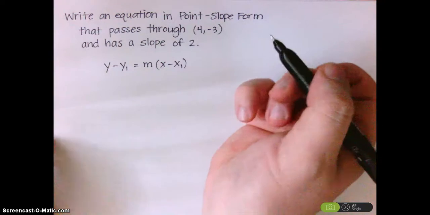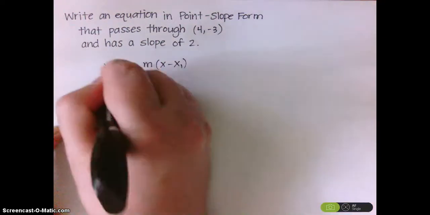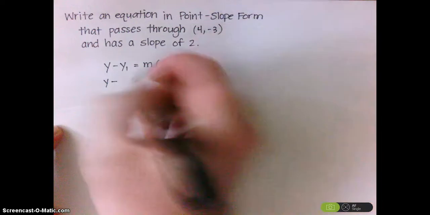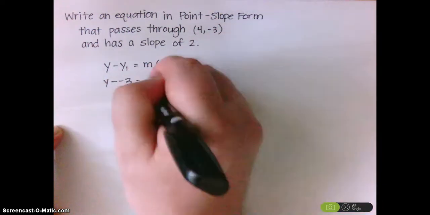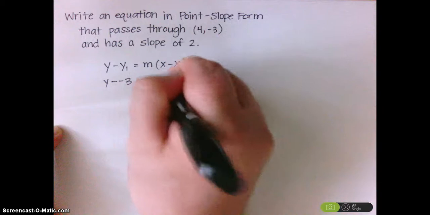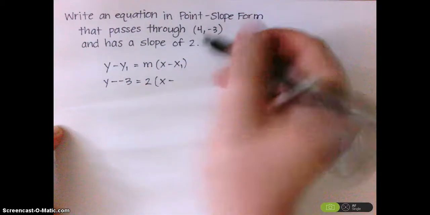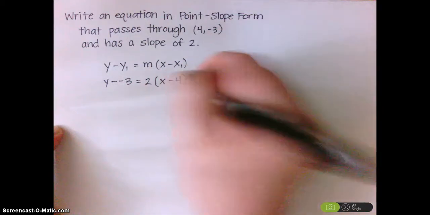And all that I have to do is plug in the information that I have. So I have y minus, my y1 is -3. My slope m is 2, and my x1 is 4. So I'm going to subtract 4.